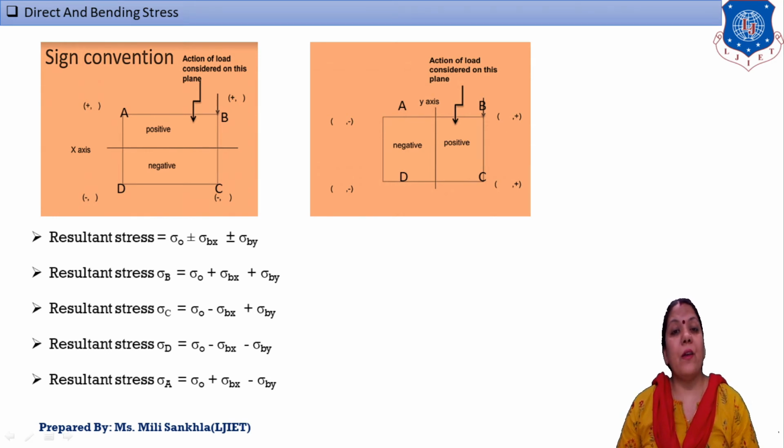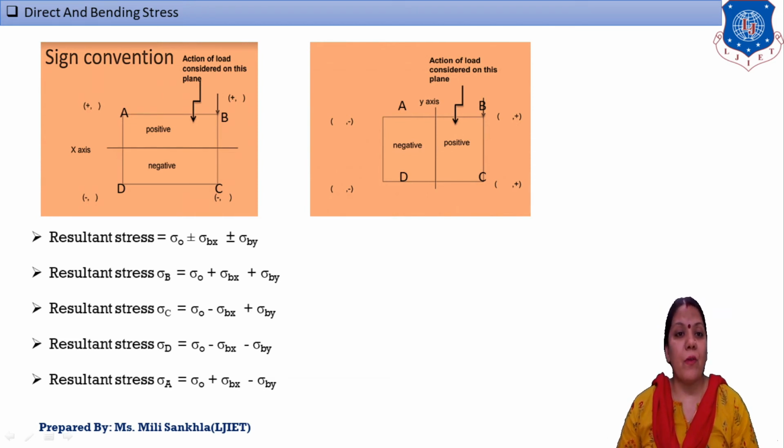But if the question asks to find the stress at corners A, B, C, D, then we follow this sign convention, which depends upon the failure of the column. If our column section fails and at that time the forces are compressive, then take positive. If our column section fails and at that time it is the tension side, then take negative.